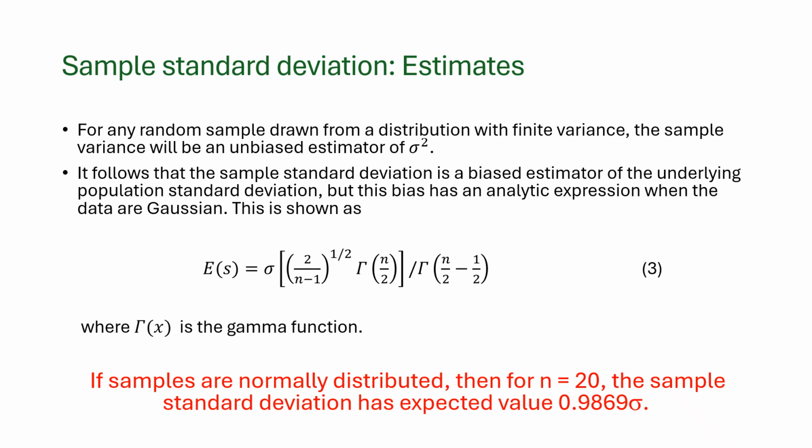So if samples are distributed normally, then for n equal to 20, the sample standard deviation has expected value 0.9869 sigma. So the bias is somewhere around 0.01. If you increase the sample size, you will get slightly closer to sigma, so the bias will reduce considerably. The more the sample, the better the approximation is going to be, so you finally get an unbiased estimate.